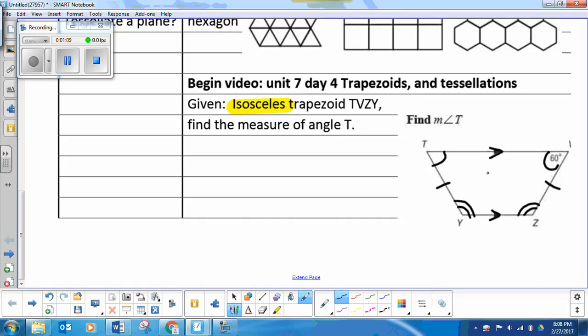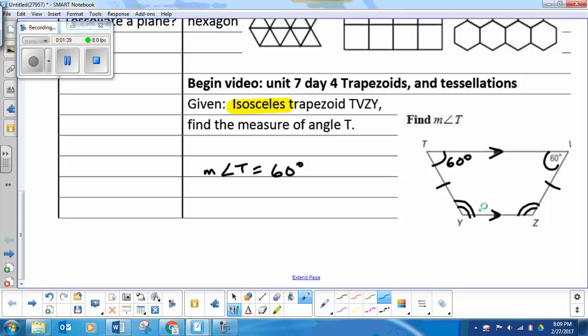Because we know this to be 60, and we have congruency between these two angles, I can immediately make a note here that this angle measures 60 degrees. The question was find the measure of angle T, and we didn't have to do anything. We literally just used the property of isosceles trapezoids, which tells us that our base angles are congruent, and it got us what we were looking for.